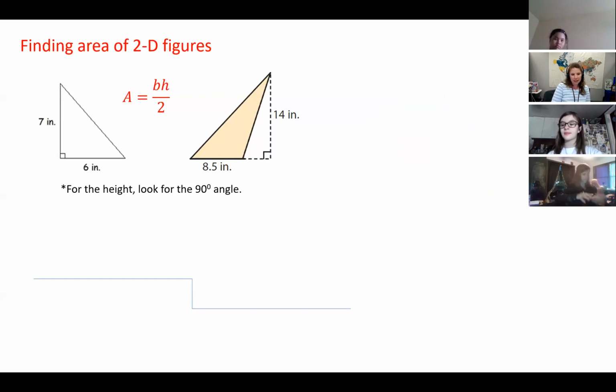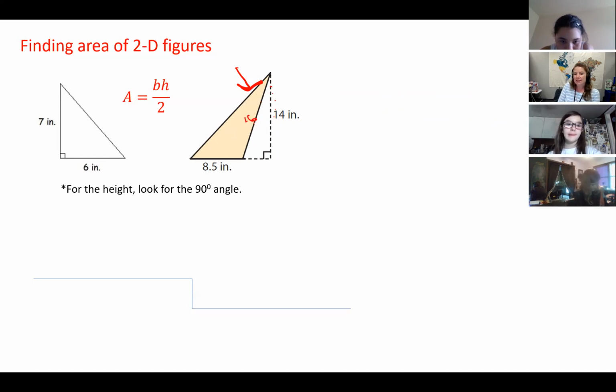So basically the thing you want to look for as far as the height of a triangle is you always have to find a 90-degree angle. A lot of triangles are drawn so that there isn't a 90-degree angle as part of the triangle. But if you have to find the area, they're always going to give you that imaginary line and say, hey guys, actually the height is 14 because this diagonal line might actually be 16.